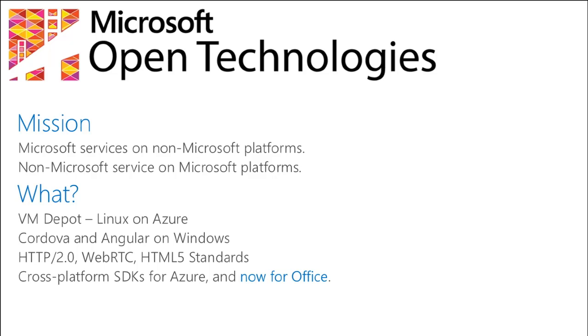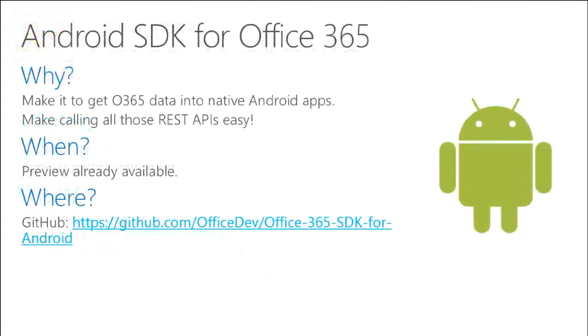All right, so that brings us to segue into what we're doing for Office right now, which is the Android SDK for Office 365. I think it's kind of obvious why we're doing this, but let's just reiterate. You've heard a lot about the REST APIs that Exchange has produced, that SharePoint has had, and it's really great to be able to use those.